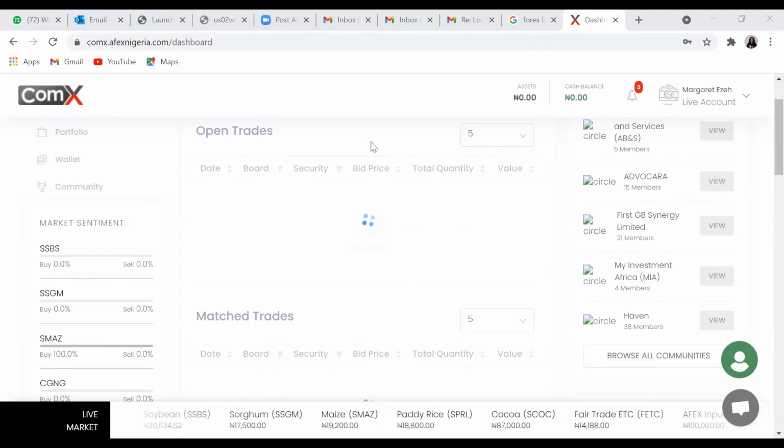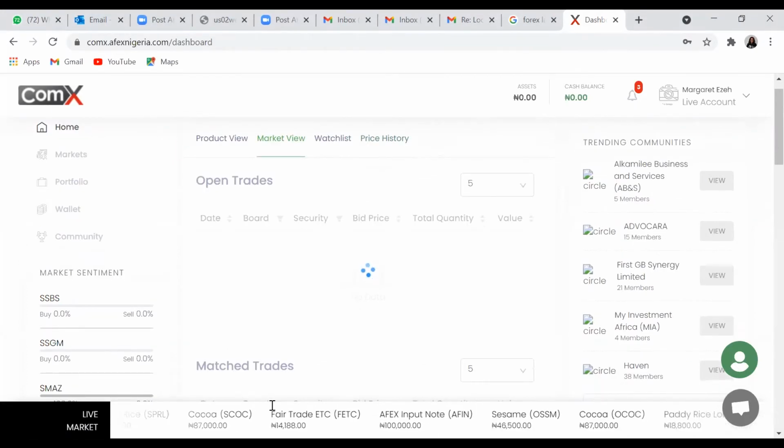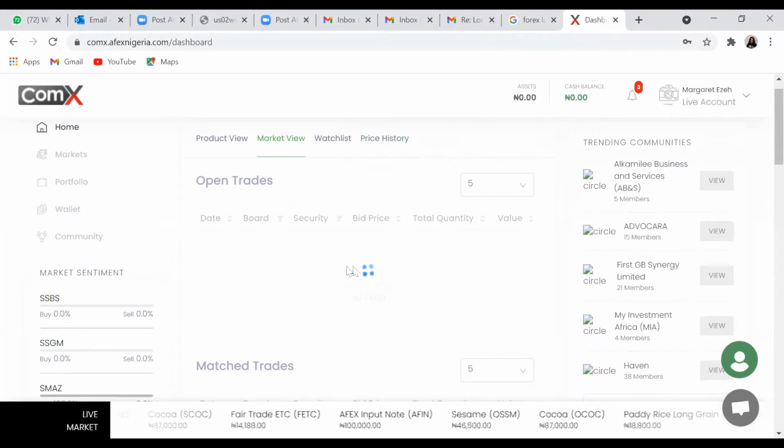What metrics are we using? So I don't quite understand the question. If you can be more explicit, what metrics are we using as how? Please, you could shed more light on that. So normally, what is supposed to be here would be the orders that people have placed, buy orders and sell orders.